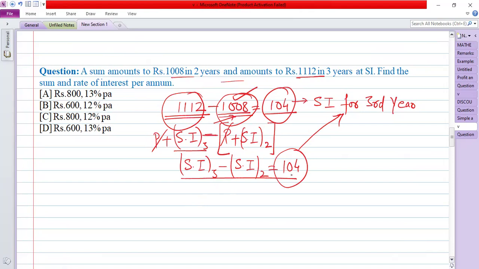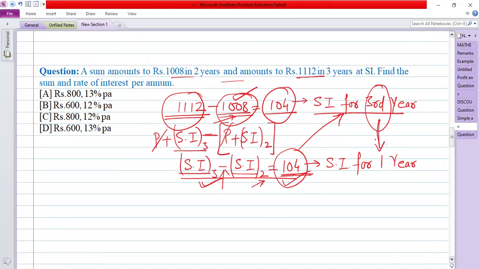One can very well see that this 104 is the difference between the total simple interest after 3 years and after 2 years. It is nothing but the simple interest for the third year, which means it is for 1 year, because the third year means one single year.